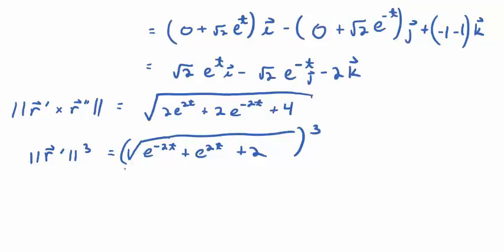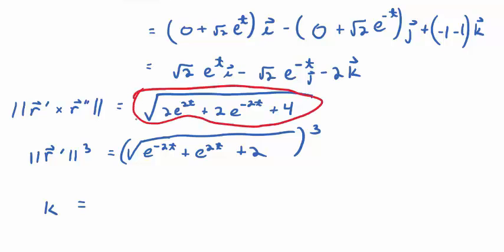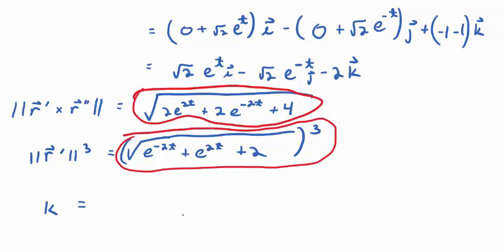Okay, so for curvature then, kind of a raw formula would be, well, take this guy over this guy. But I think we can probably simplify that. But anyway, we'll do that to start.